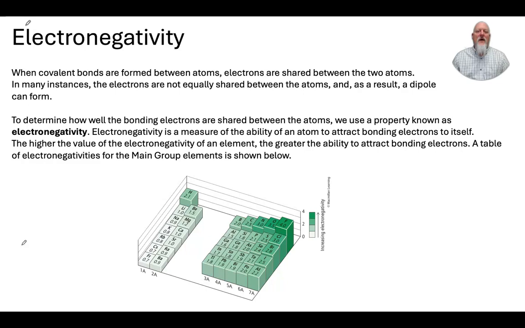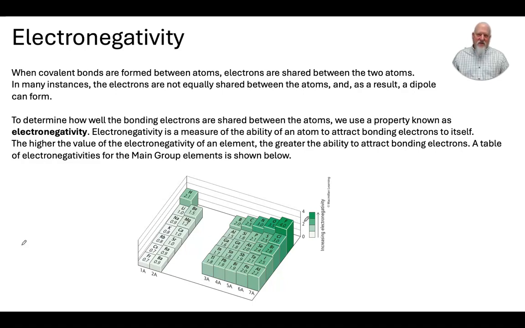contain those bonds. Okay, so if we look at electronegativity, I've got a little table down here, and it shows the electronegativities of the main group elements. We can see the nonmetals, the ones in the upper right corner, have the highest electronegativity, and the metals, the ones down the lower left corner, are going to have the lowest electronegativity.